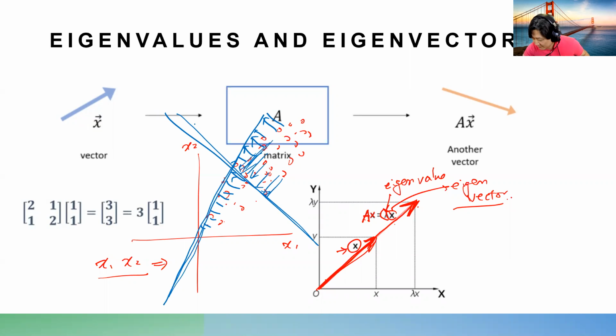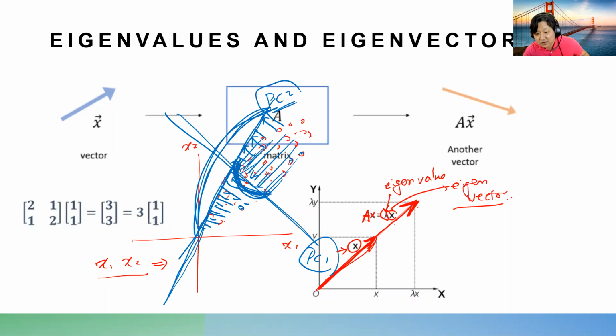If this is PC1 and this is PC2, projecting the data points onto this line gives this much variance, but projecting onto this axis gives this. So PC1, the first axis, has much more variance than PC2, right?